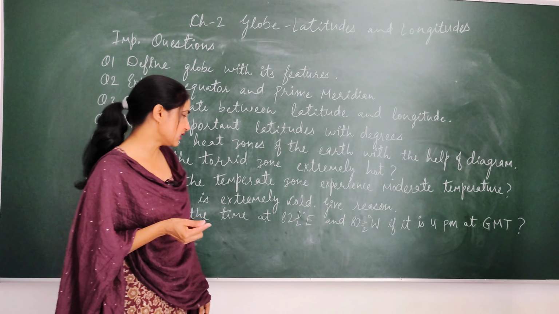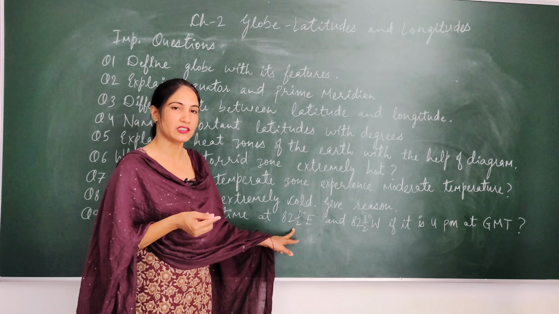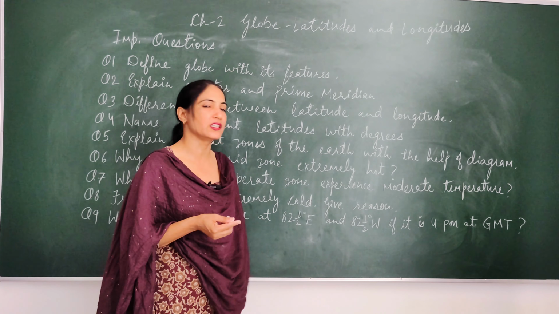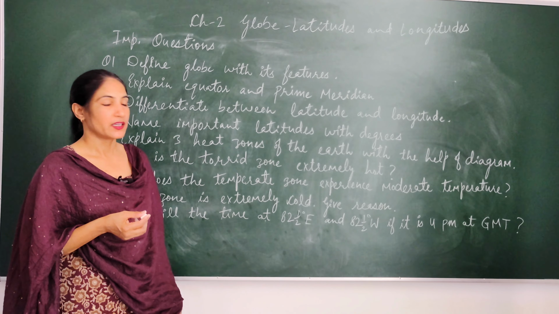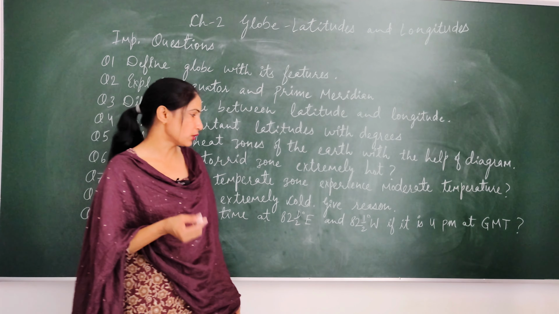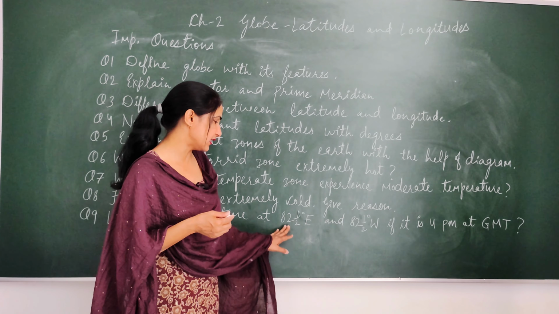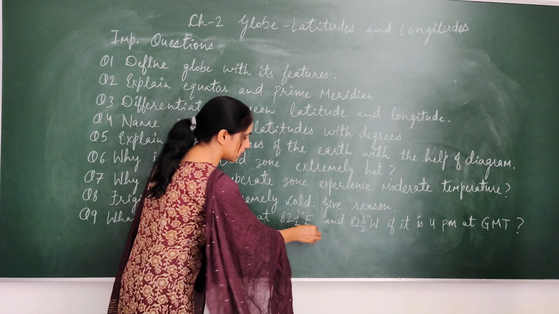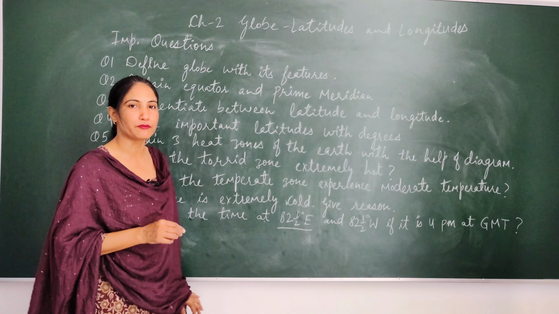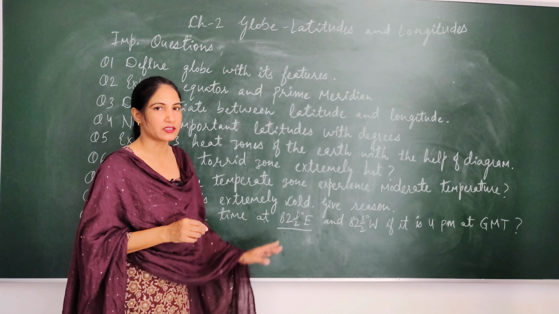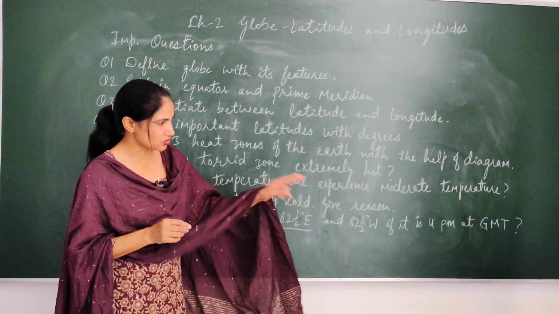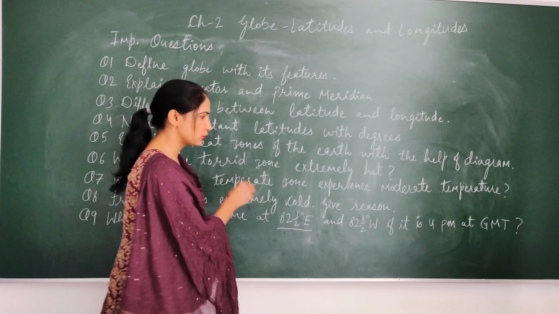Next question, what will be the time at 82.5 degree east and 82.5 degree west if it is 4 p.m. at GMT? If the time at GMT is 4 p.m., what will be the time at 82.5 degree east? This is the longitude that determines the time for our country India, and as we all know, it is 5:30 hours ahead of GMT. So first of all, calculate the time.